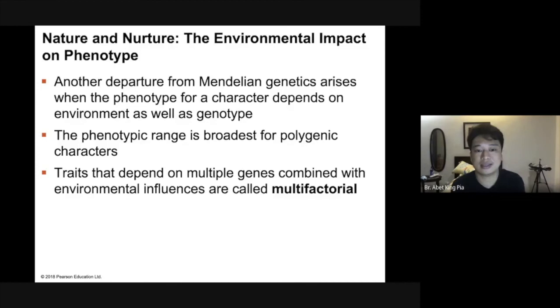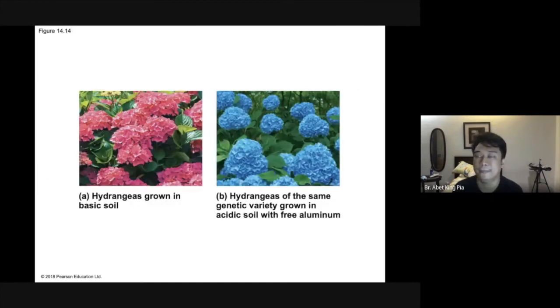And the traits that depend on multiple genes combined with environmental influence are called multifactorial genes. Yan. Kapag meron ng environmental, but the environment will play a role for a specific trait to be produced. Say for example, ito baka naibenta nyo na to ng mga nanay nyo, yung mga plants ng mga parents ninyo.